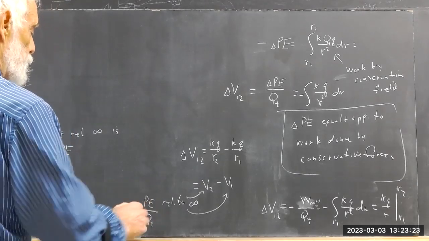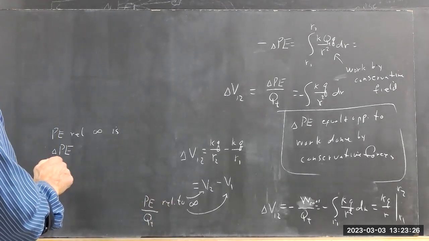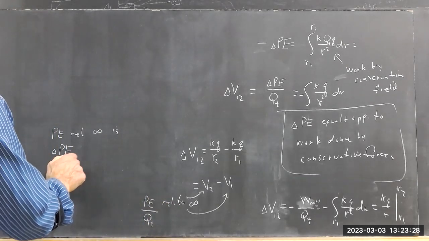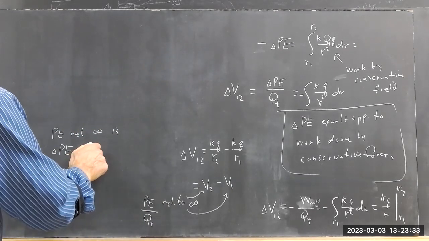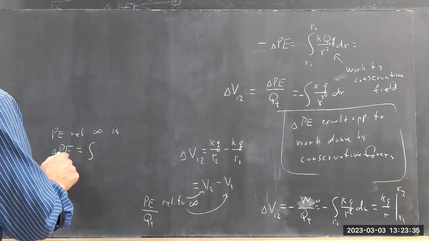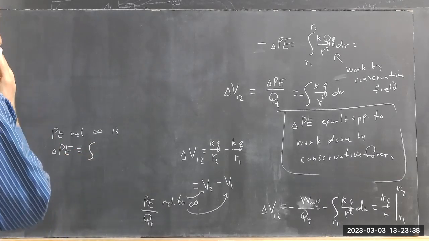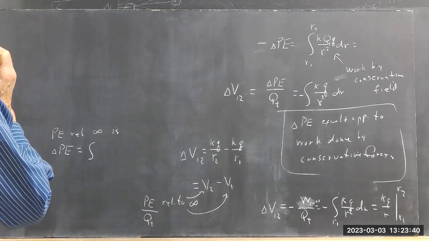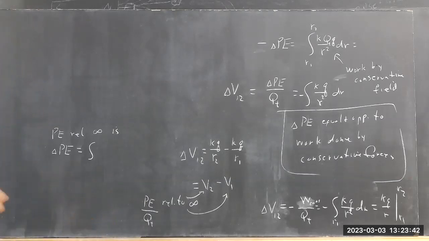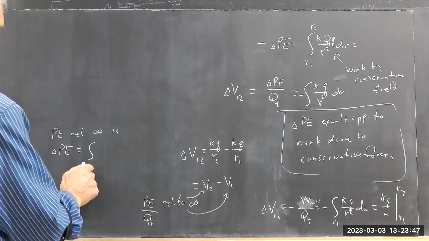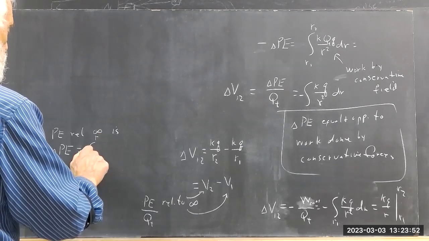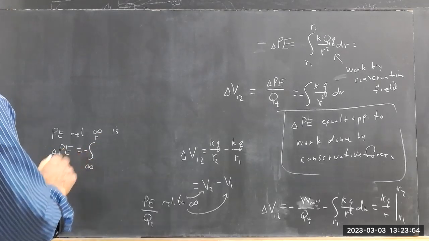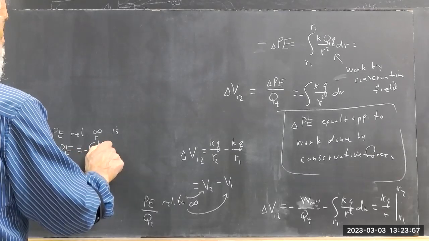Right, that PE for the test charge. Delta PE in this situation would be the potential energy change from infinity to R. And of course, you have a negative here.